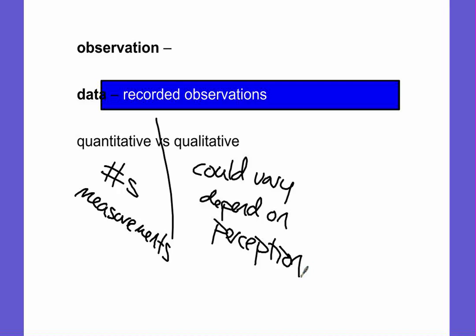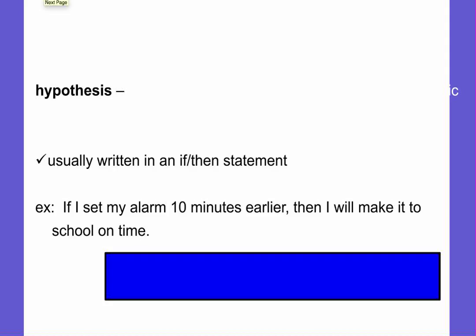But a lot of times those qualitative observations are important just because they can help somebody follow along. They can help them know whether they're doing it right or not. So you want to have both kinds anytime you're doing an experiment. But the measurements are typically the most useful in the long run. You can draw conclusions from those a little easier.